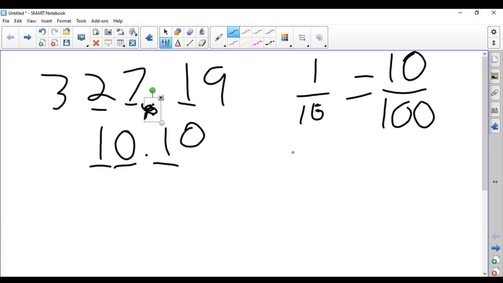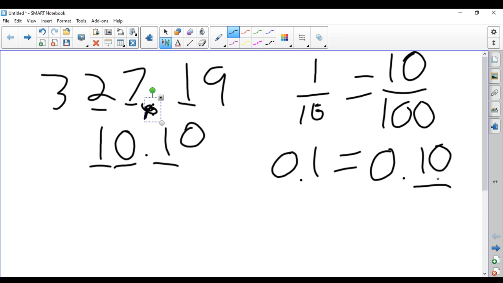And I can do the same here. This is 0 and 1/10. And here I have 0 and 10/100ths. Notice that I'm referring to the hundredth column, and I'm pretending like I don't have 1/10 and 0/100ths, but as a unit, they are 10/100ths. So it is the same number looking different.